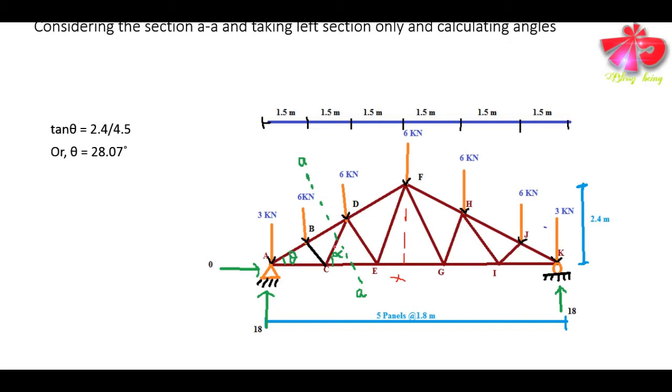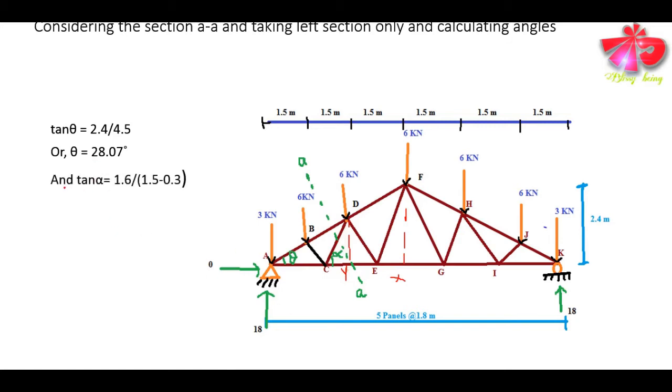Likewise, friends, the value of angle alpha can be found out using this triangle as shown in the given figure, triangle CDY. If we assume this point as Y, CDY shall give the value of angle alpha, isn't it?